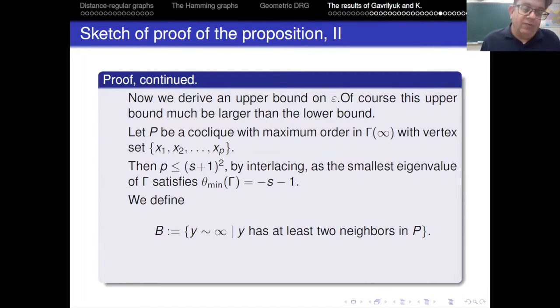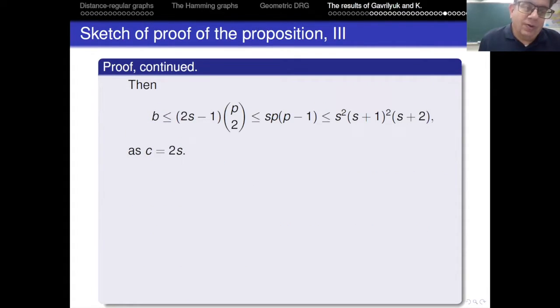So we define the following set B, the vertices adjacent to infinity with at least 2 neighbors in P. Let b be the cardinality of B. B cannot be too large because it's 2s. So it depends on which 2 neighbors it has. Say xi and xj.